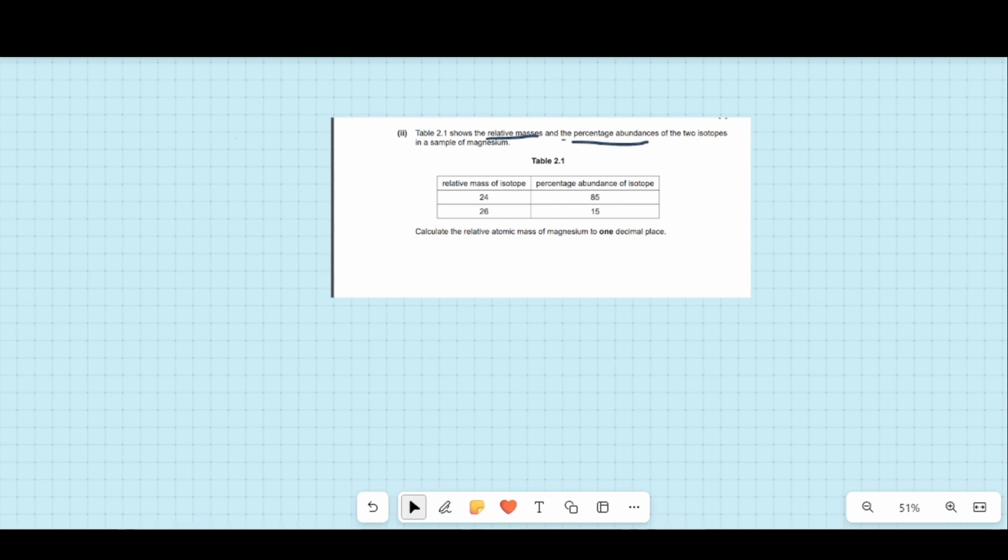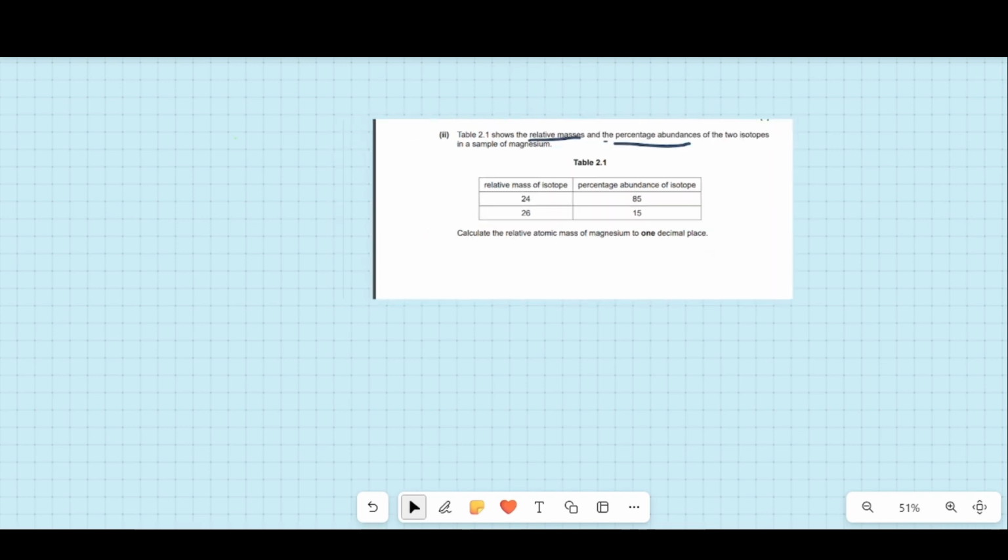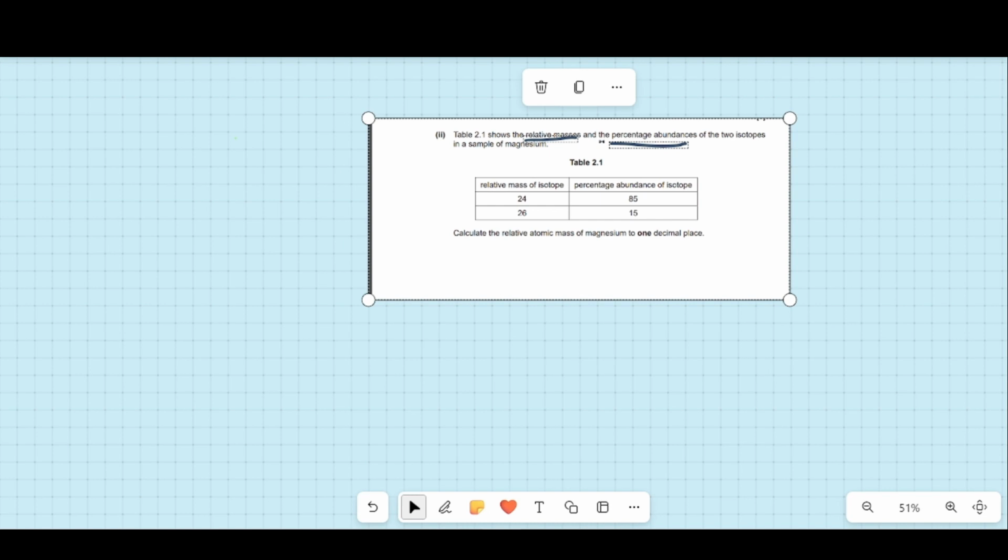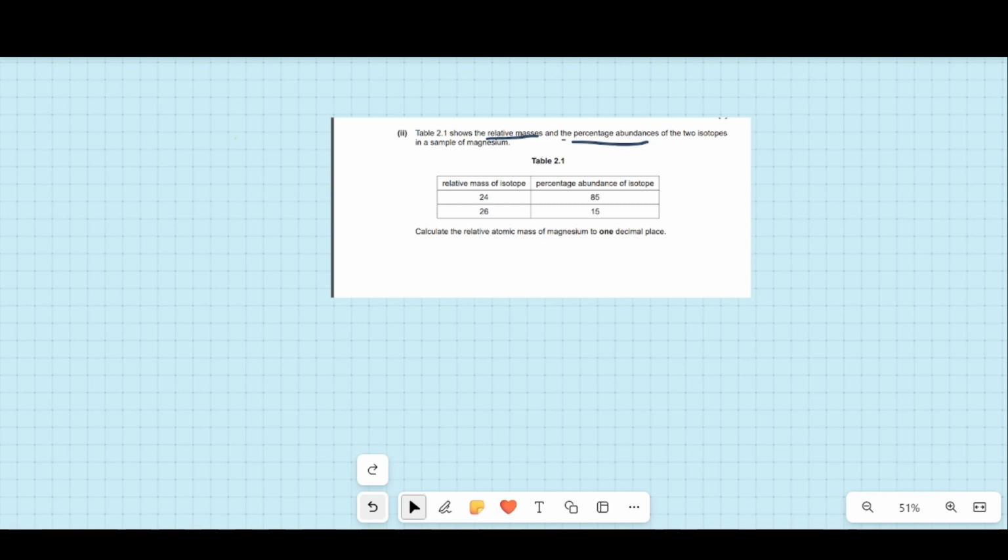So, of the two isotopes in the sample, apologies guys, that's a bit of a glitch, of magnesium. So magnesium has isotopes. They've given the relative masses and the abundance of these isotopes.